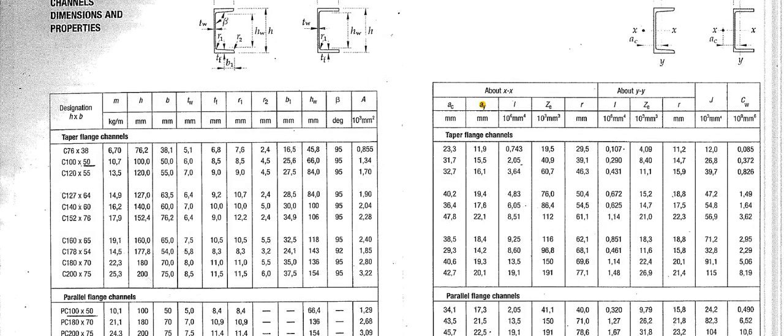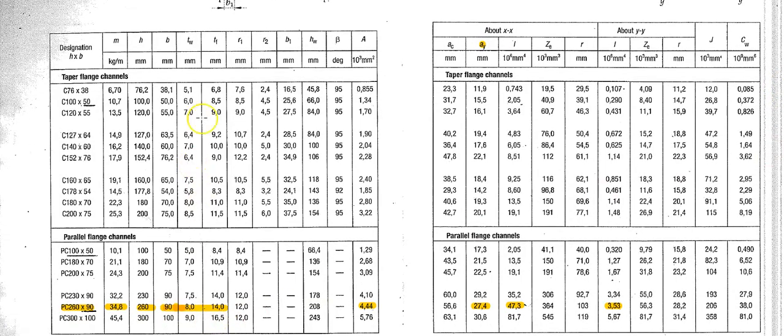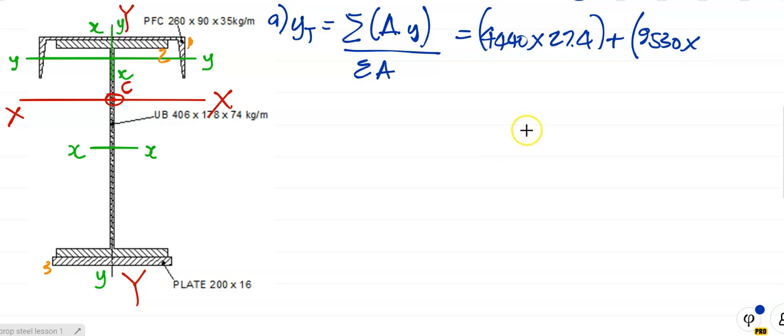There's my channel, and from there I go to the thickness of the web of the channel, which is 8 millimeters. So it's 206.4 plus 8 millimeters, and the distance y from there to the top there is 214.4 millimeters. You must make dead sure you got that. You need to work it out yourself.